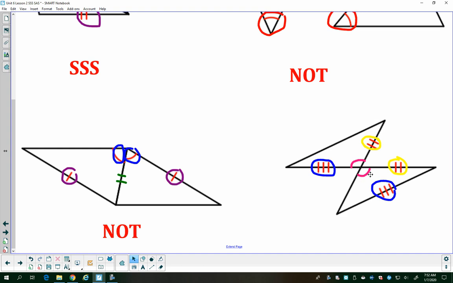But the angle in this triangle that's marked is not being made by the two sides that are marked. So again, this is not congruent. They would be congruent, however, if, for example, my three tick marks would have been right here. Then it would have been side angle side. That angle would have been between those two. But since it's not, then it's not.